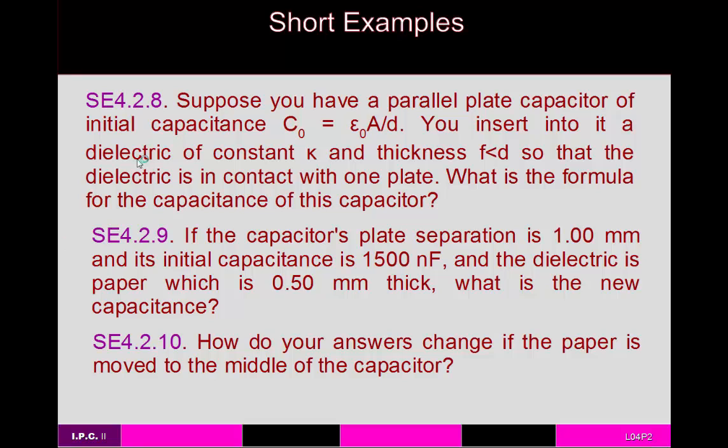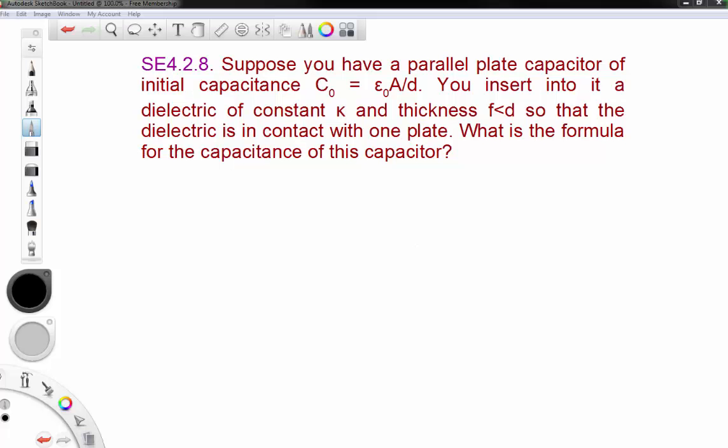Alright, so I want to work through a few short examples here that have to do with inserting a dielectric between two plates, now with this description that has been given for why this reduces the capacitance.